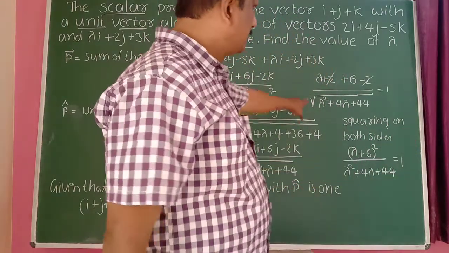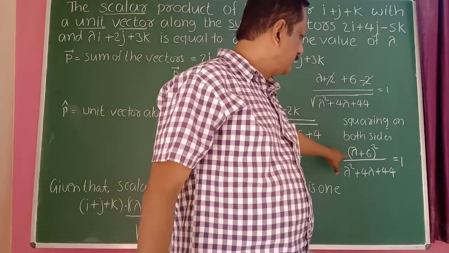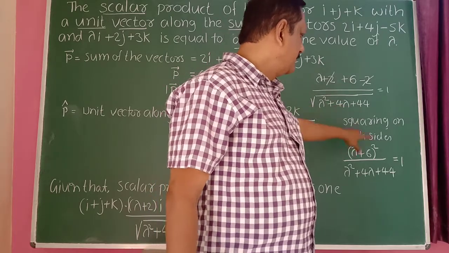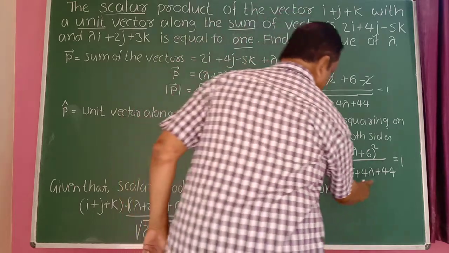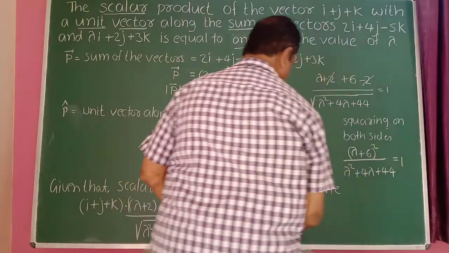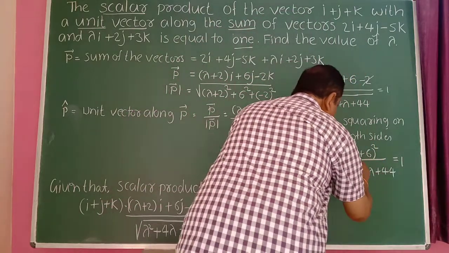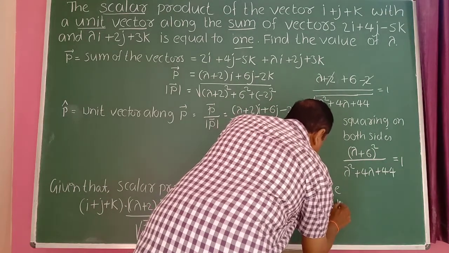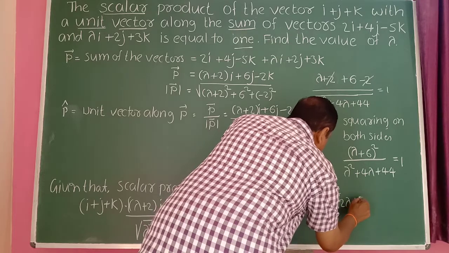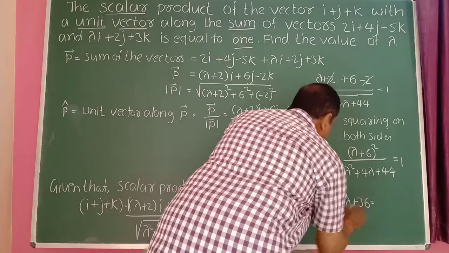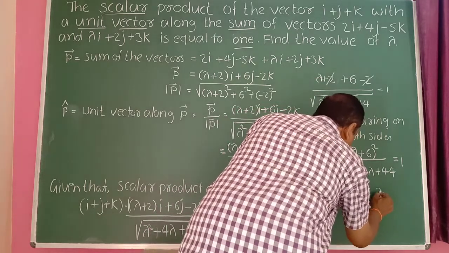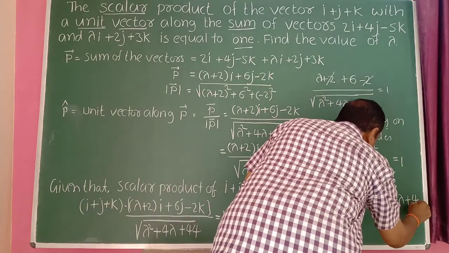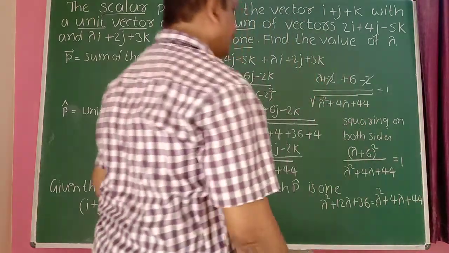The square root and the square cancel. Now expand the left side: lambda plus 6 whole squared is lambda squared plus 12 lambda plus 36, equal to lambda squared plus 4 lambda plus 44.